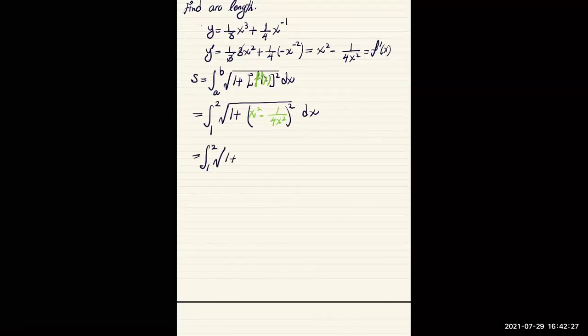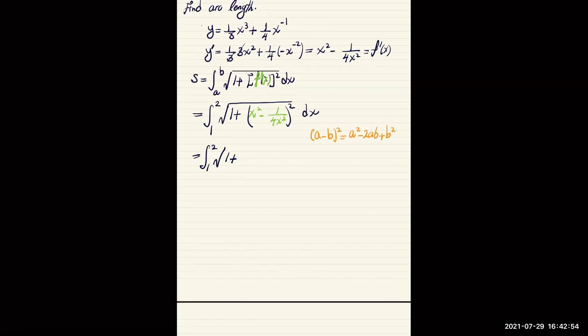Square: x squared plus x squared minus 1 over 4x squared. So when you square this quantity, remember the shortcut formulas for squaring special squares. For instance, if you have a minus b squared, that's a squared minus 2ab plus b squared.